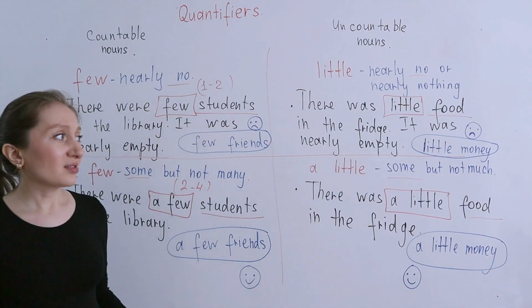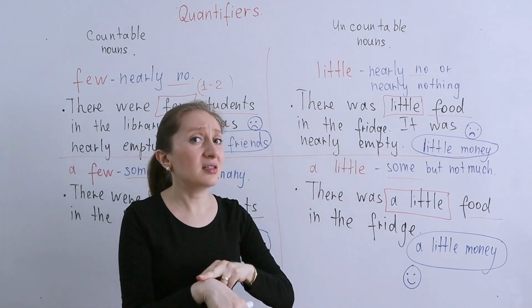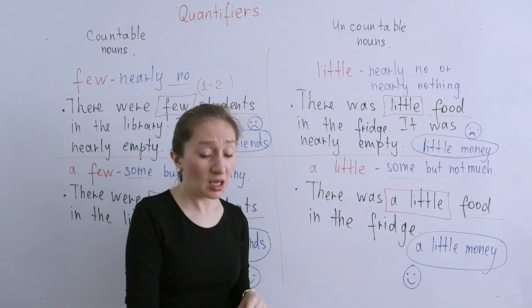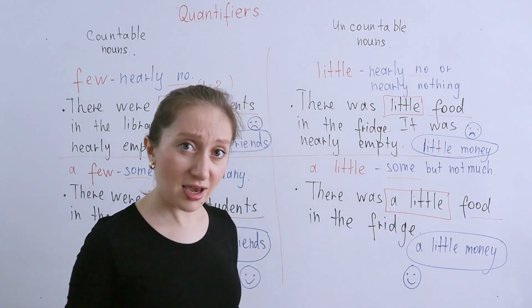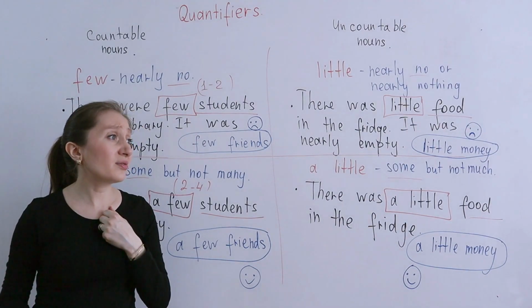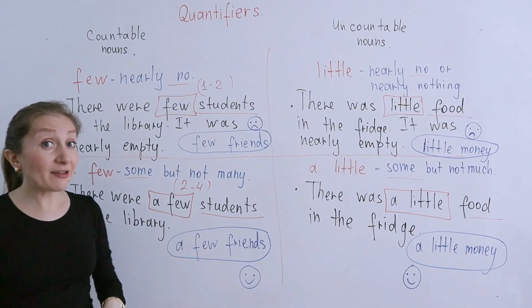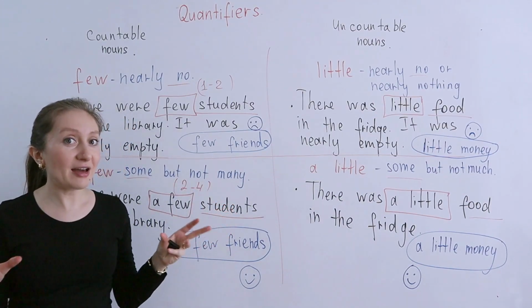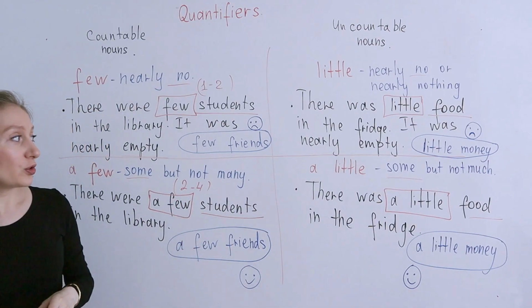So, I have little time, no time, I have to go. Okay, I have a little time, I can sit here. I have few books and I love reading, but I have few books, just 1, 2. Here, I have a few books to read this week. So you are happier. All right?